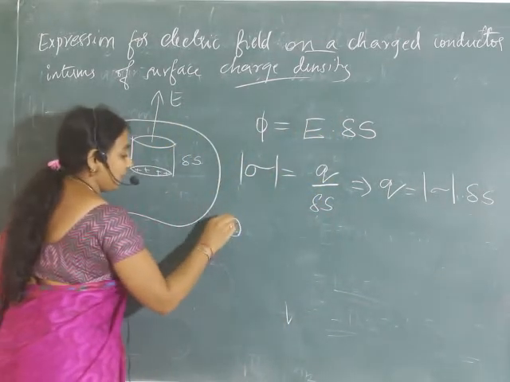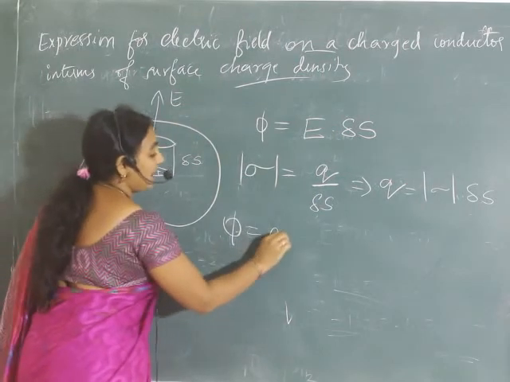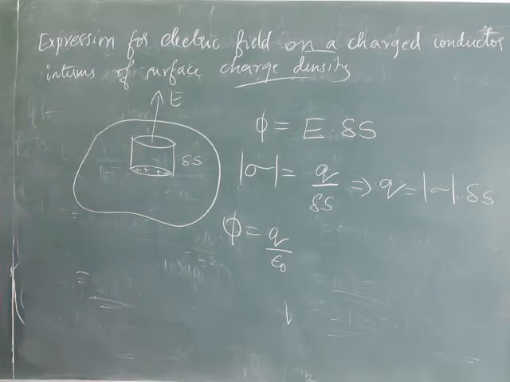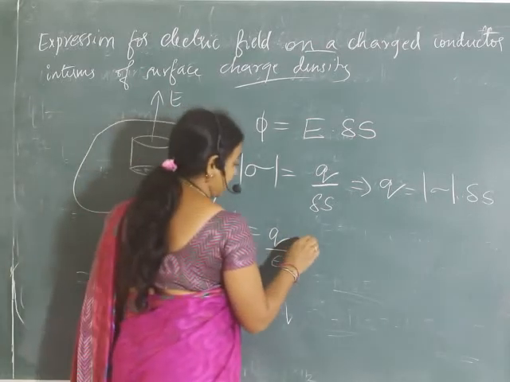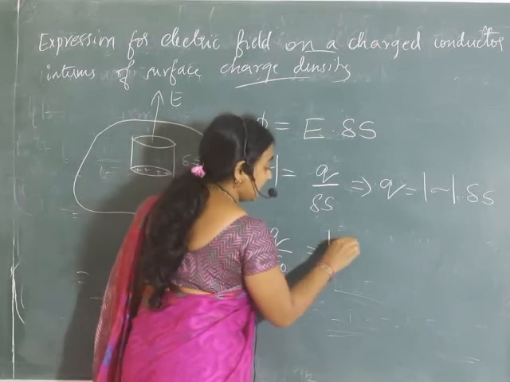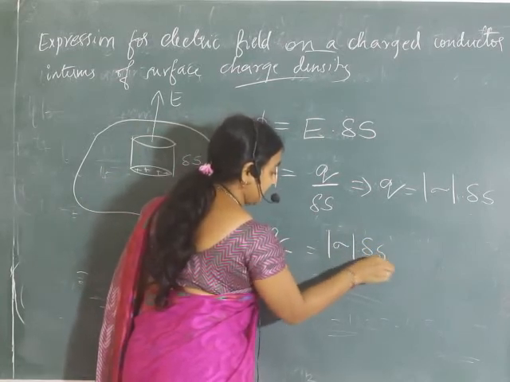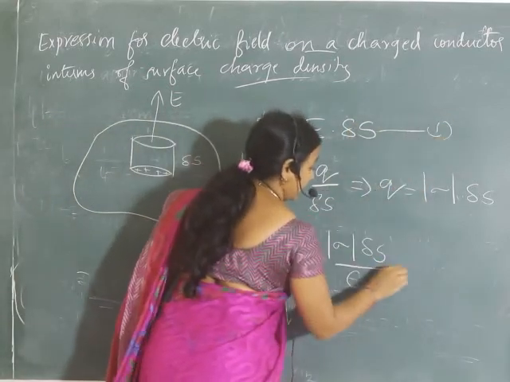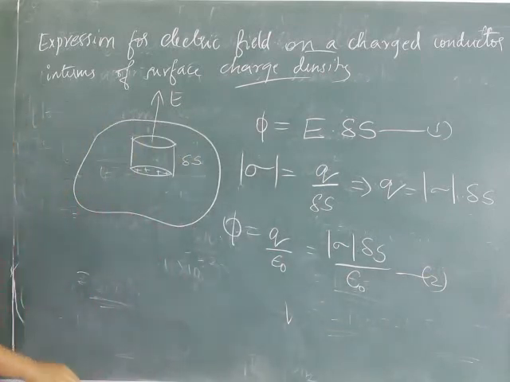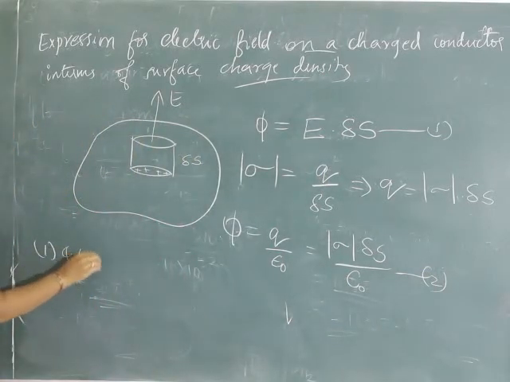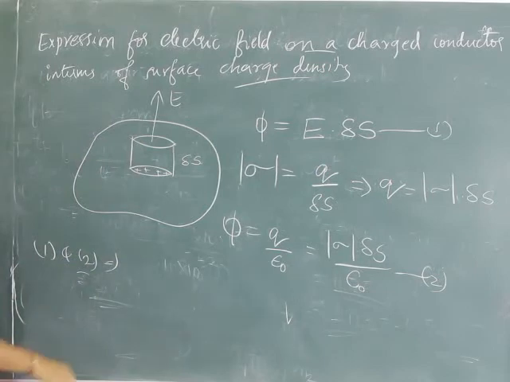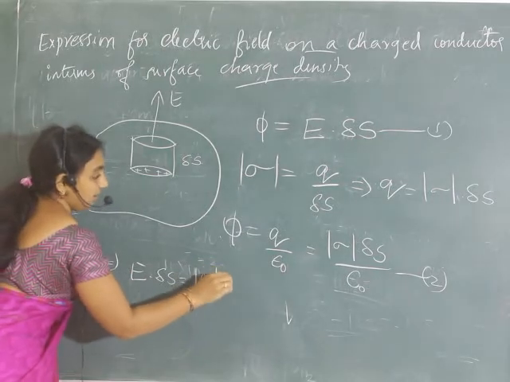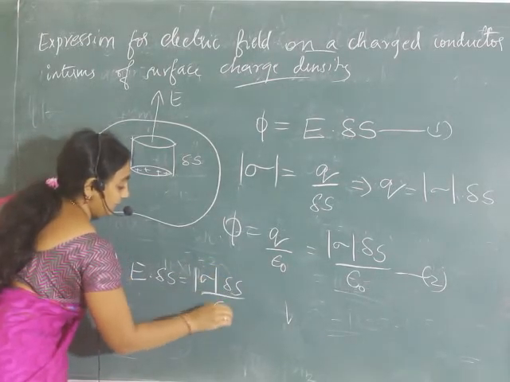According to Gauss law, phi is equal to Q by epsilon naught, 1 by epsilon naught times the net charge enclosed by the surface. So I can say phi is equal to sigma into delta S divided by epsilon naught. Equation number 1 and equation number 2. Equate equation number 1 and 2. From equation number 1 and 2, I can say E into delta S is equal to sigma delta S by epsilon naught.